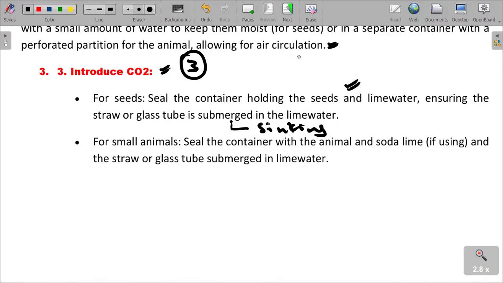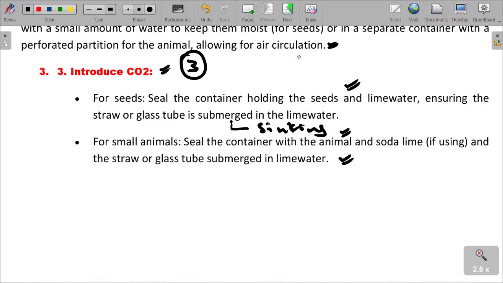And then for small animals, seal the container with the animal, and soda lime if you are using it, and the straw and the glass tube submerged in lime water.